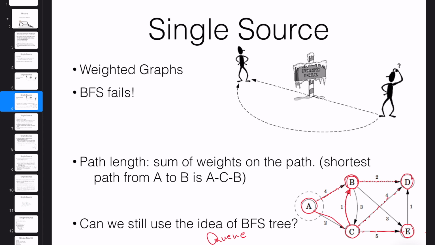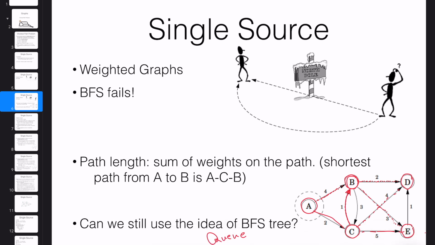And there is also a chance that the cost of E will be updated. So let's see, if we visit E through the node B, the cost of E will be 6, and you can see that it is less than the cost of E which we already have. So you should update this cost as well.